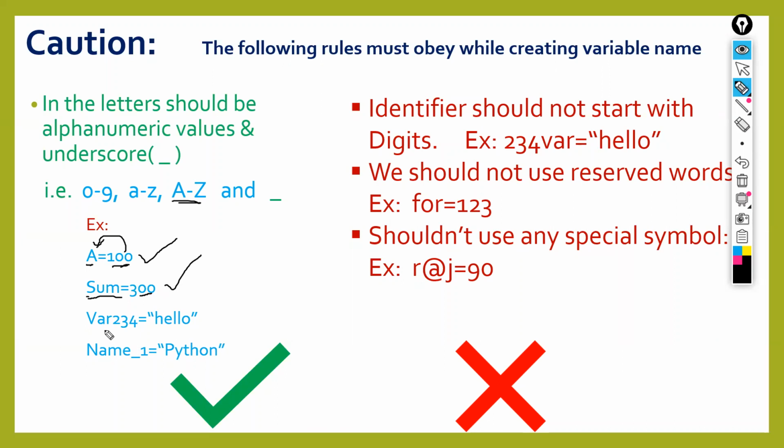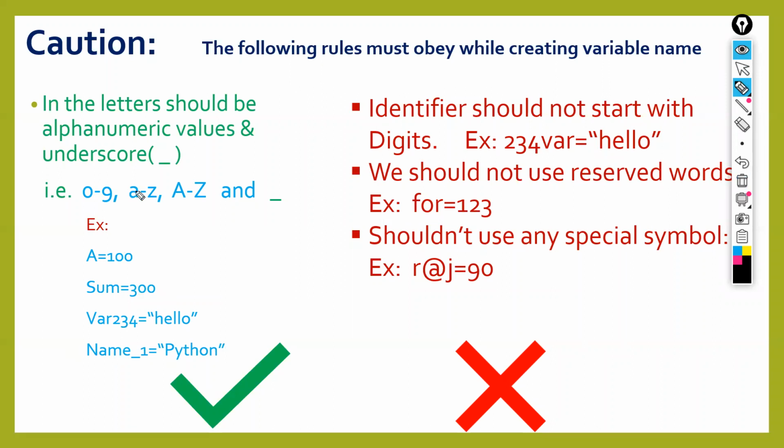Next, VAR234: capital VAR and then 234. Capital is A to Z, and the rest are letters and numbers, so it is a valid identifier name. And the last one is Name_1. N is capital, AME are lowercase, then underscore, and 1 is the numeric value. That is valid in Python.